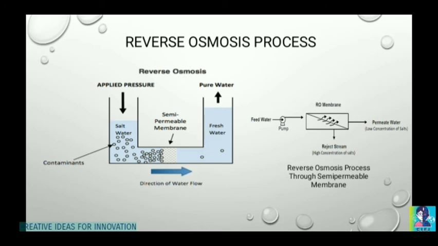When pressure is applied to the concentrated solution, the water molecules are forced to flow through the semi-permeable membrane. The contaminants are left behind, since the semi-permeable membrane is only permeable to water molecules and not to ions and other contaminants. Thus, fresh water is obtained at the end of the process.